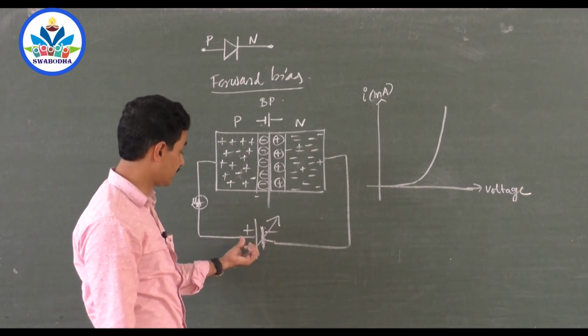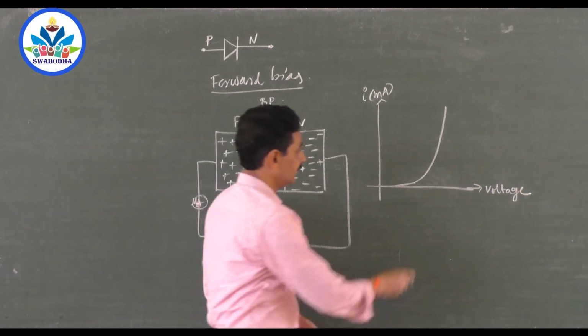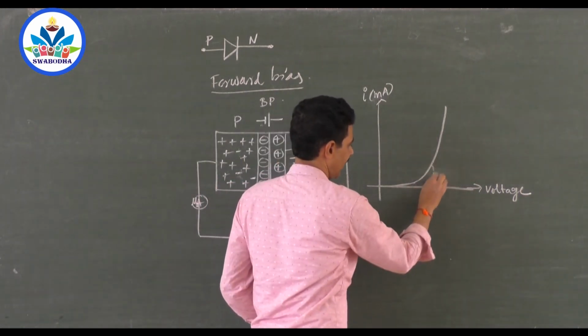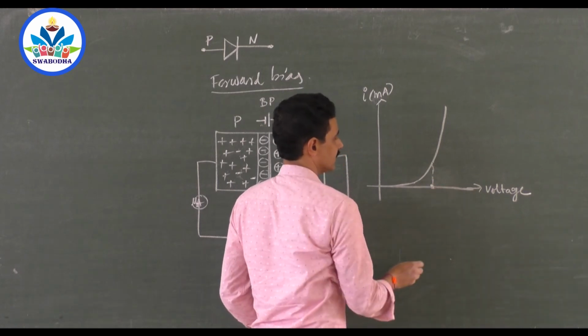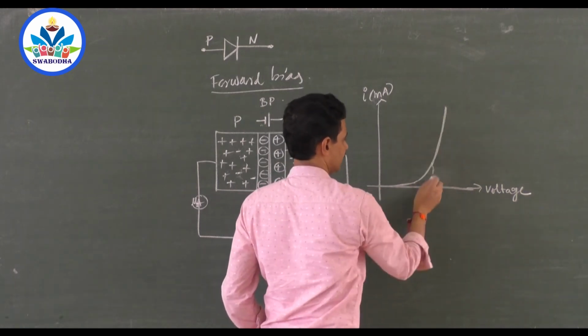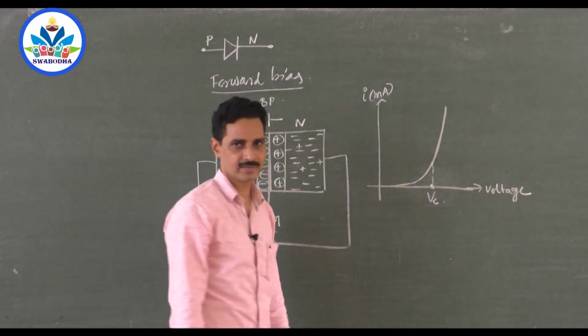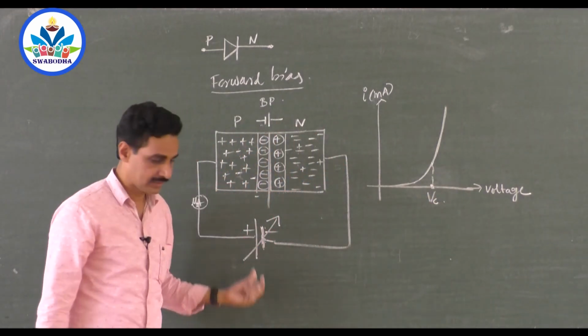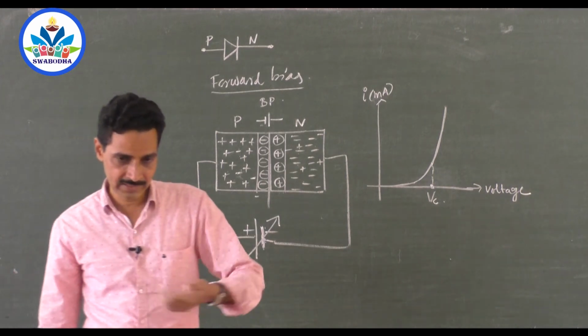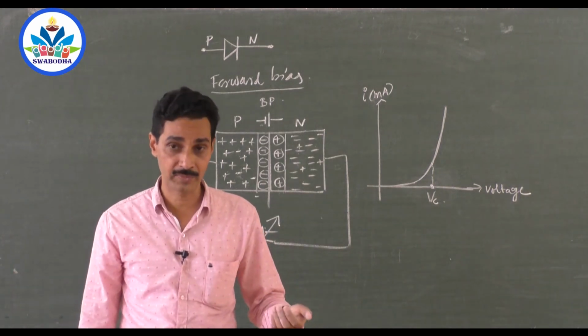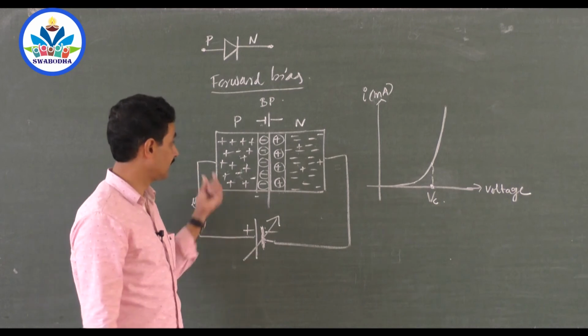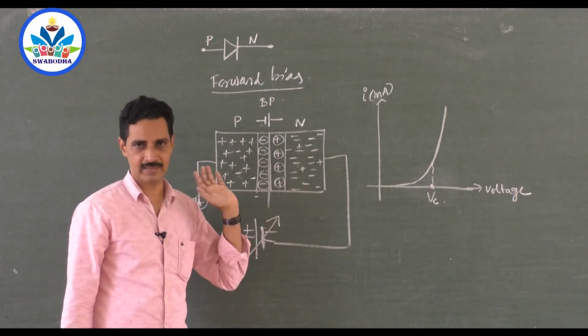So when this forward bias voltage exceeds some voltage here, and that voltage after which the current rises sharply, say straight line, this is called cut-in voltage or knee voltage. The forward bias voltage, the energy given during the forward bias, you know what is forward bias, connecting the positive of the battery to the P side, negative of the battery to the N side.